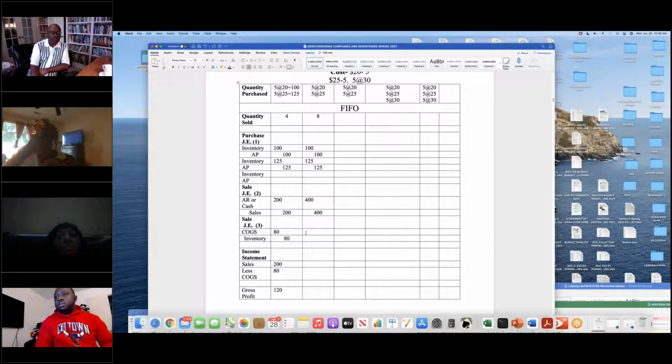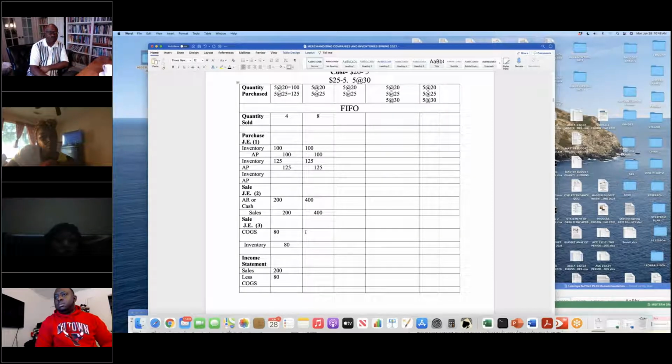Our cost of goods sold is gonna be, the first 5 would be 100, so we're gonna have 5 out of 100, and then the other 3, what's the cost again? What did it increase to? $25. 25, 75.